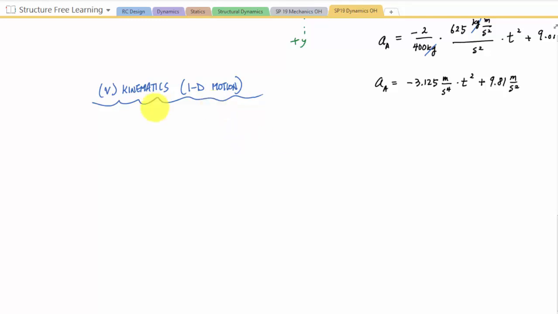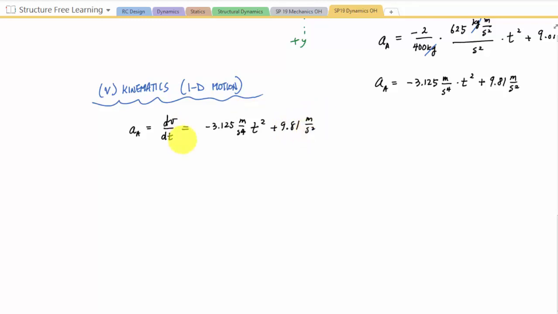So let's do the 1D motion on A. Here I know the acceleration of A is a function of time, and I know that the acceleration is related to dv dt. So I set that equal to negative 3.125 meters per second to the fourth times t squared plus 9.81 meters per second squared.